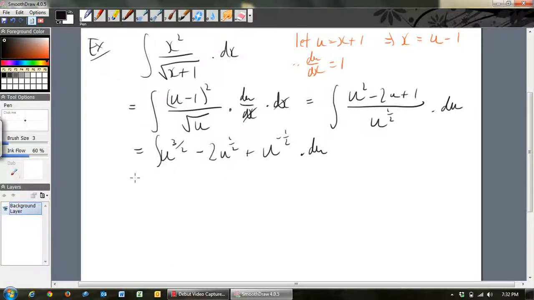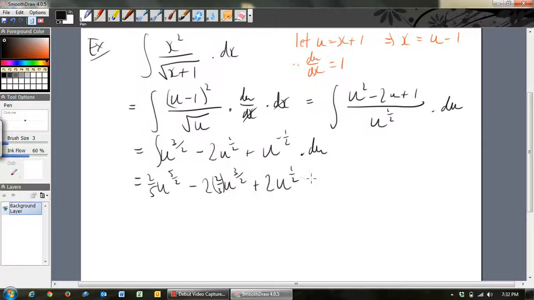Now we can integrate that. So let's do this. 3 on 2 goes to 5 on 2. Divide by 5 on 2, 2/5. Minus 2. u goes to 3 on 2. Divide it by 3 on 2, you get 2/3. Don't make it look like 2 2/3, it's 2 times 2/3. Plus u, increase that by 1, we get a half.